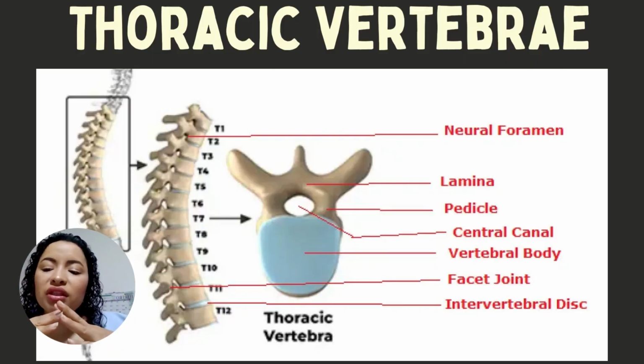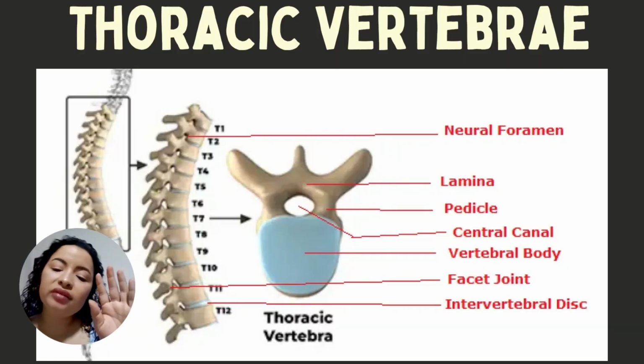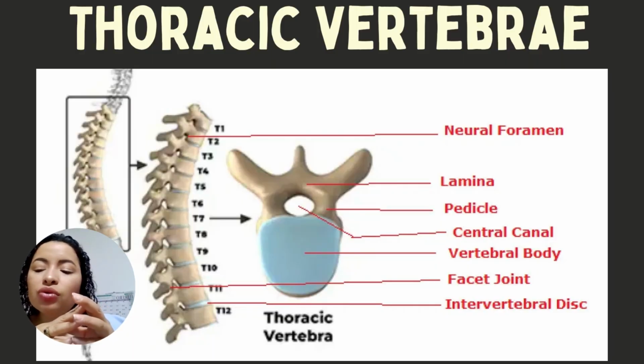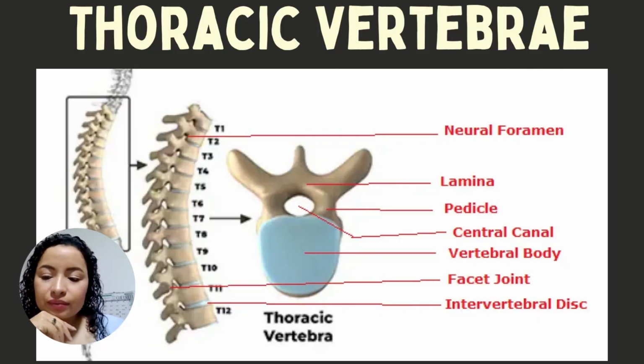The first, T1 to T4, and the last, T9 to T12, thoracic vertebrae share some characteristics with those of the cervical and lumbar spine respectively. The 4 in between, T5 to T8, are typical thoracic vertebrae. The vertebral bodies contain thicker discs compared to those of the cervical spine.